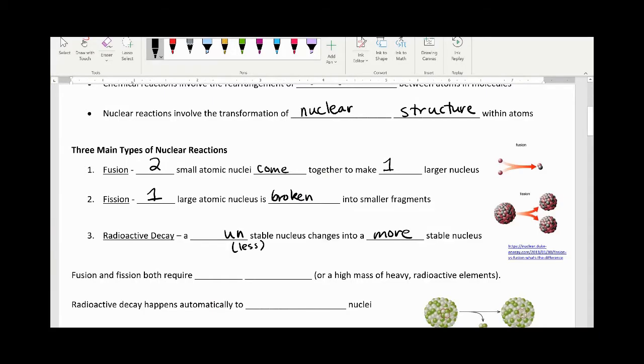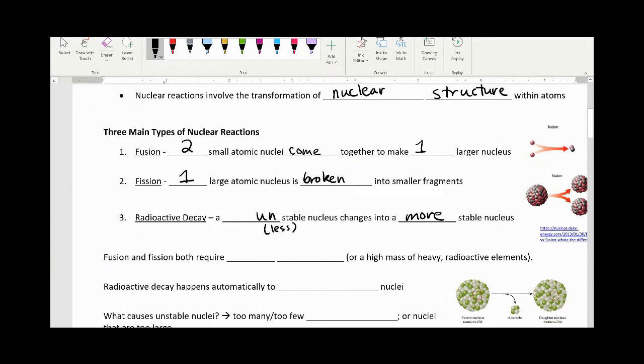Okay, when we talk about these, we're going to group fusion and fission together. And then radioactive decay is a little bit more of its own thing. Now, radioactive decay and fission are related in that when you start with one unstable atom, it decays into other things. But they don't always line up one for one in how they work.